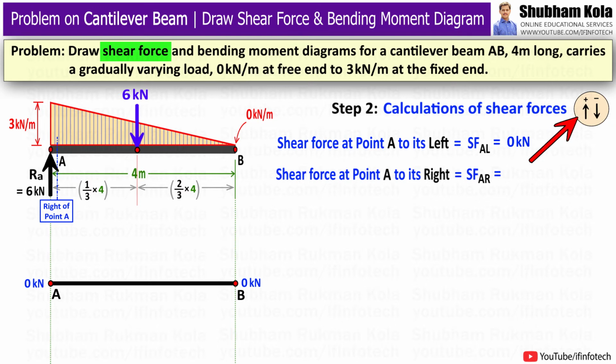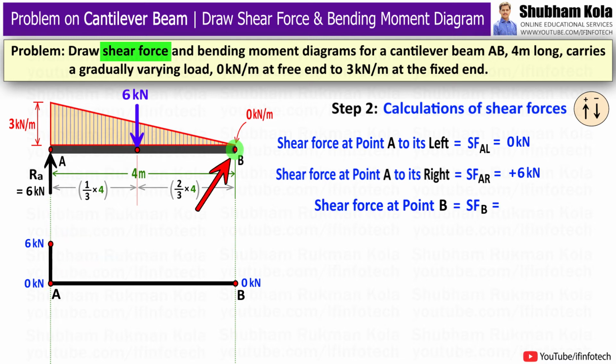So as per the sign convention, I will consider upward forces as positive. So here the shear force is plus 6 kN. Here as the shear force value is positive, so I will mark this 6 kN shear force above the reference line of 0 kN shear force, and I will connect these 2 points with a vertical line.